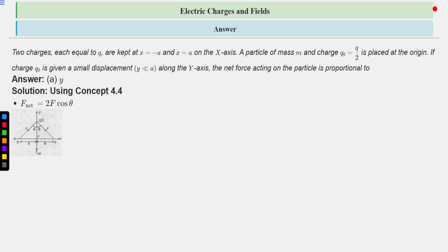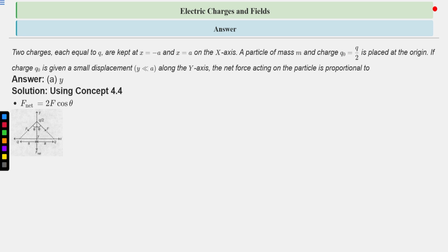This charge q naught is placed at the origin initially. Now a small displacement y is given along the y-axis, which is much less than the separation between them. After giving the small displacement, what is the force acting on this particle?